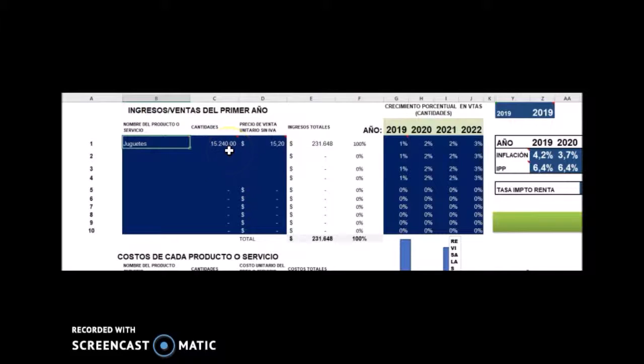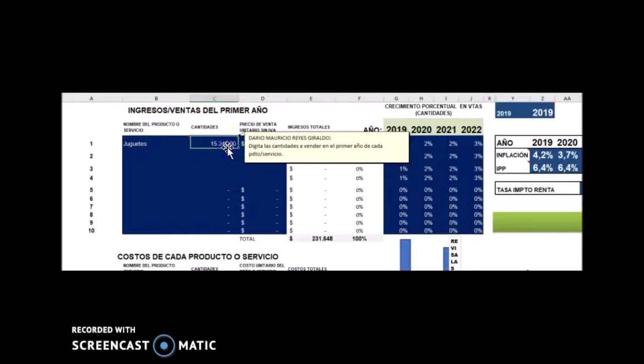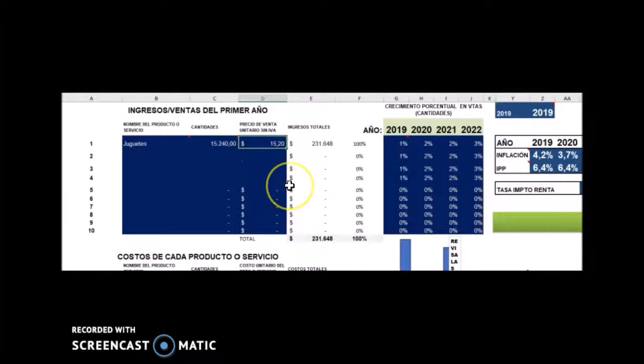So we are hoping to sell 15,240 units of toys, and the price will be $15 for each toy. So that gives us an annual profit of $231,648 in the first year.